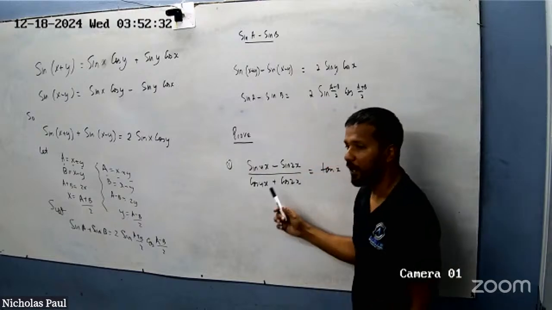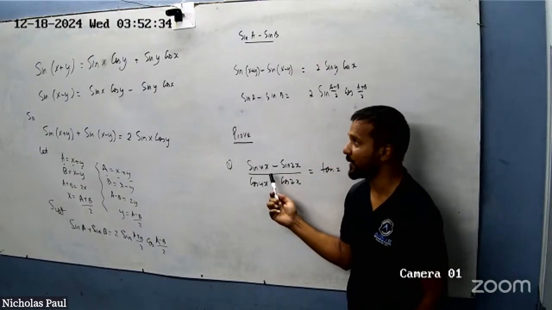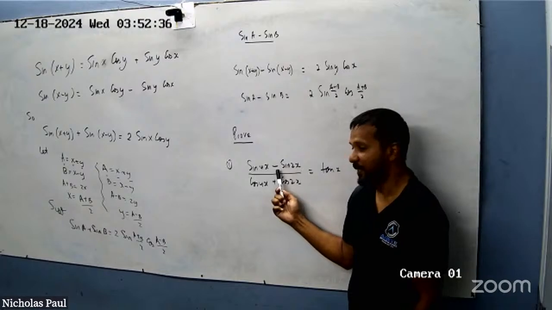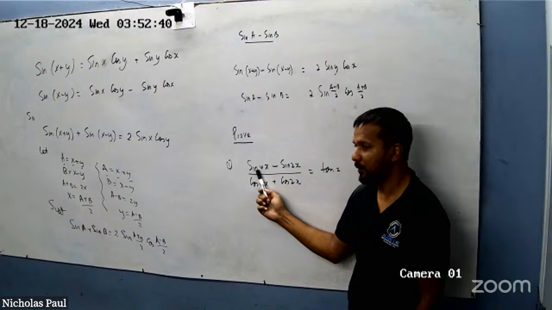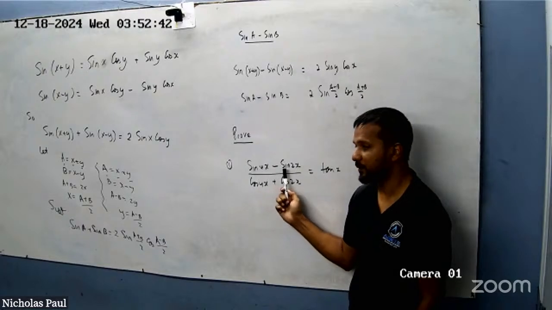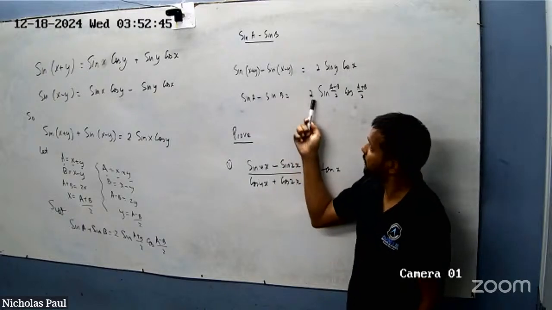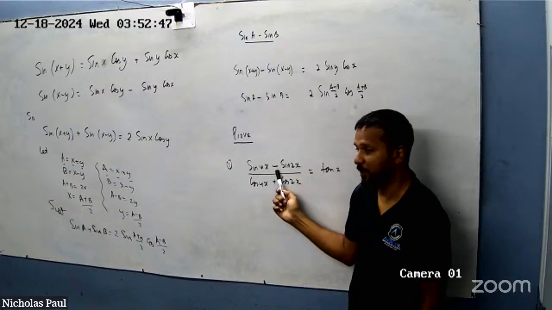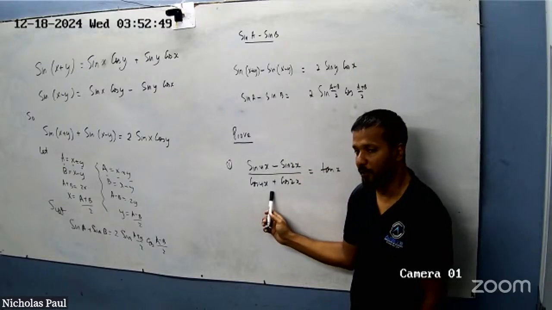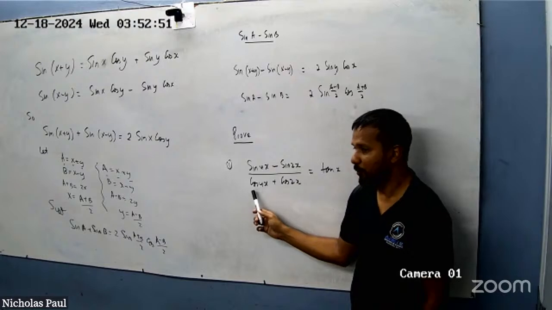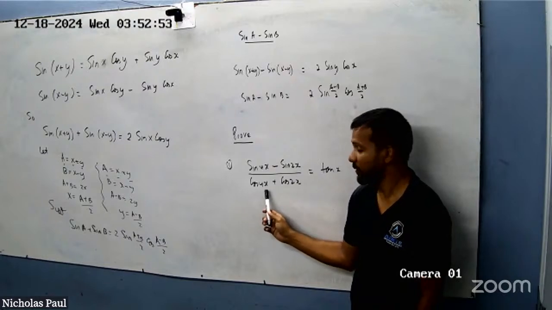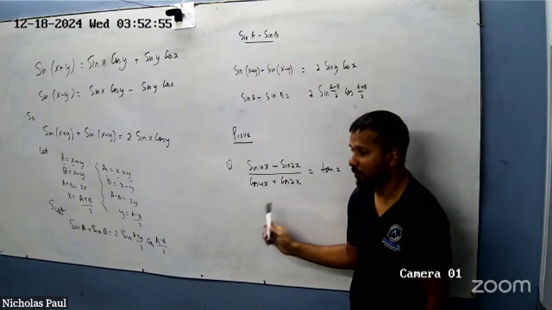Right, so here, what's the rule we're going to use here to simplify the top part? Sine A minus sine B. So we're using this rule here to simplify the top. What's the rule we're going to use on the bottom? We're going to use cos A plus cos B, right? And I wrote it down.